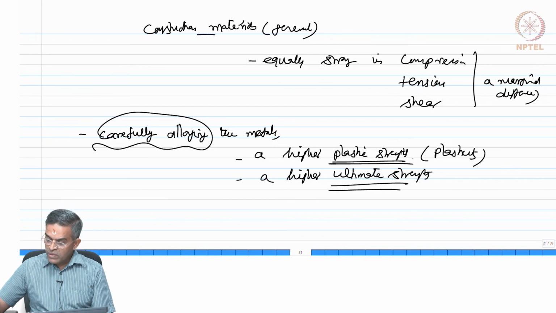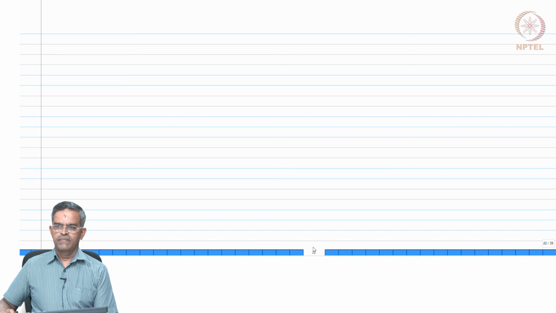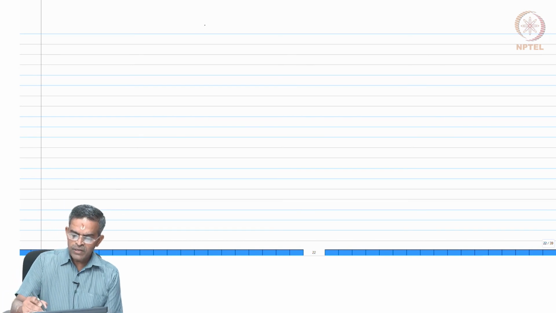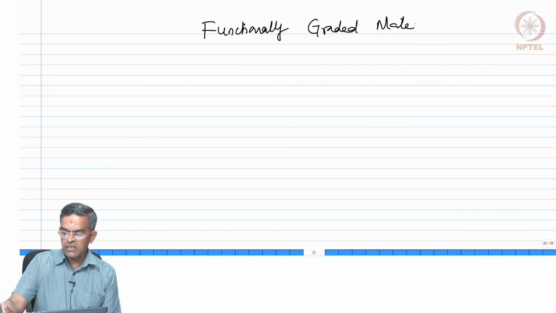Okay? With this idea in mind, in the literature in the very recent past, about 2-3 years back, people have introduced what are called functionally graded materials for strategic structures.